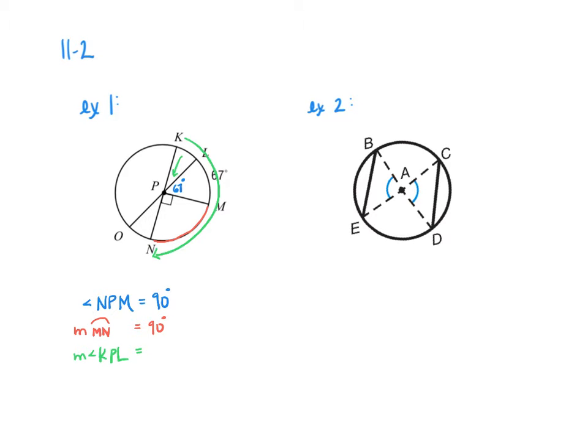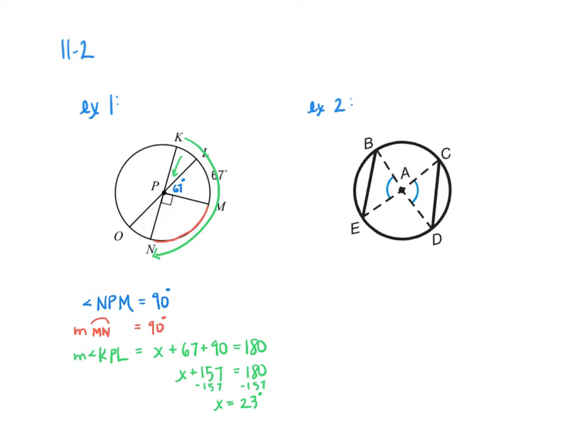So if you wanted to do it algebraically, x plus 67 plus 90 has to equal 180. And so we would just simplify this to x plus 157, and then I would subtract. And so x is going to be 23 degrees, if I let that be x.